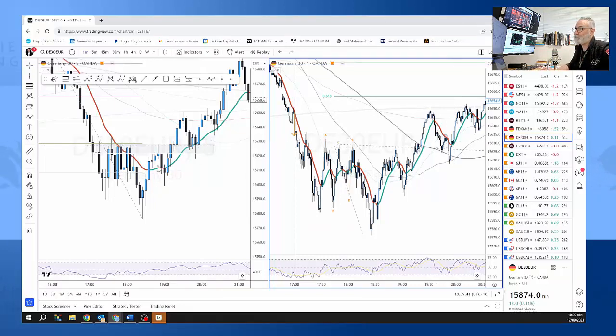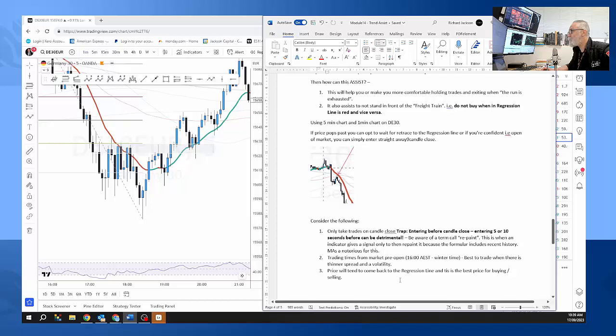But if this is a full-bodied candle down here, this kernel regression line will most probably be red, but the candle hasn't finished yet. So that's why we go back here and don't do anything until the candle has closed.